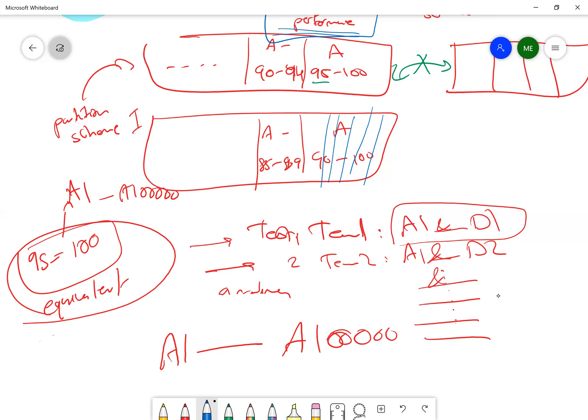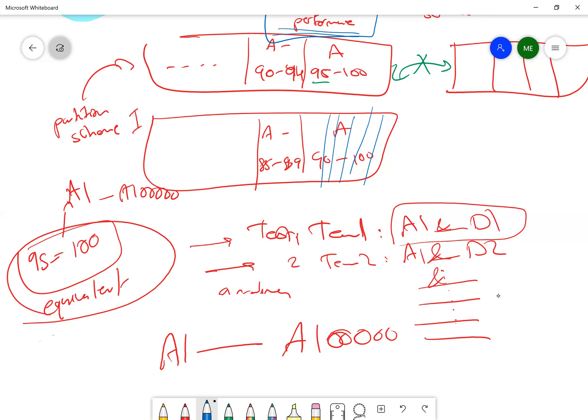So basically, create a partition scheme that groups the different values you feel are equivalent, and try to reduce the number of characteristics and the number of blocks in those characteristics. We'll see in a moment why.